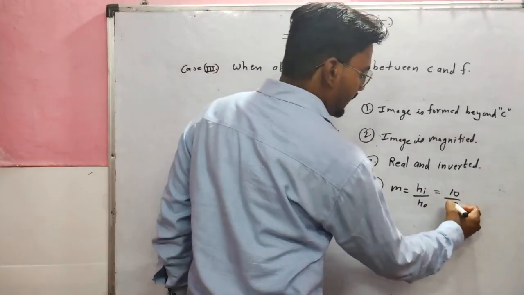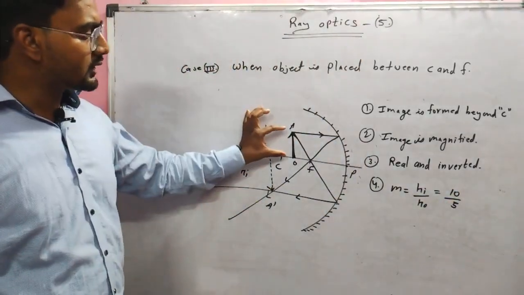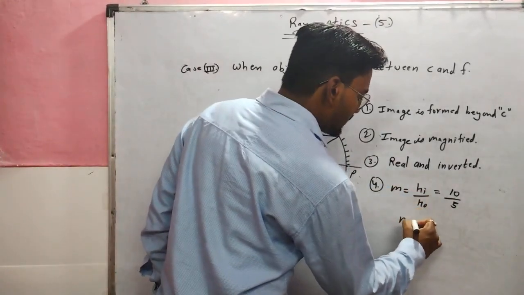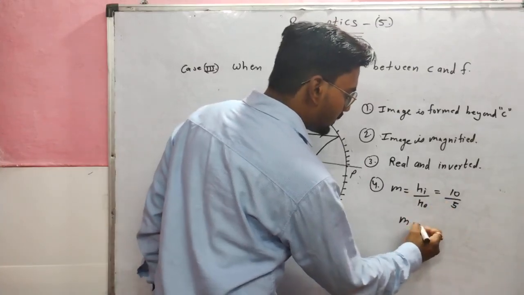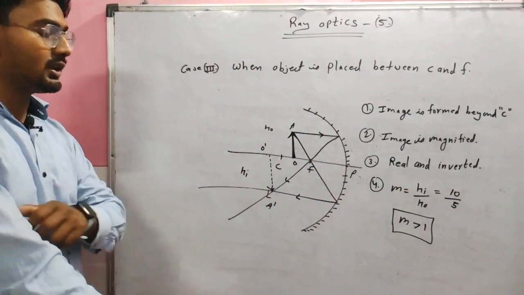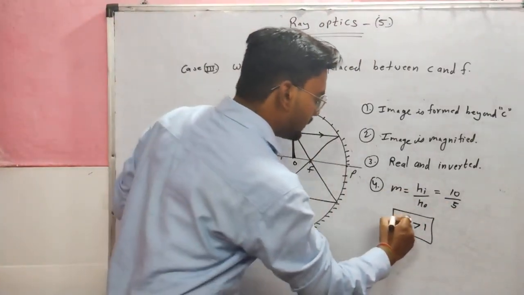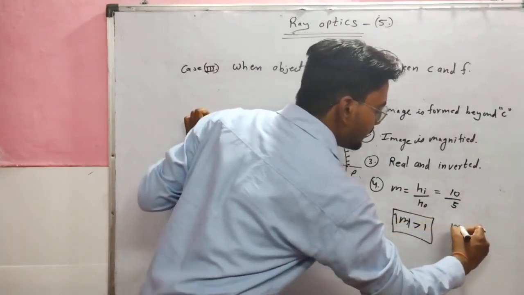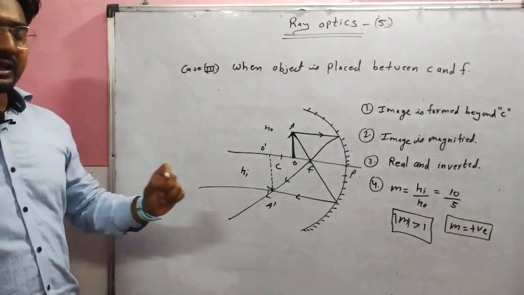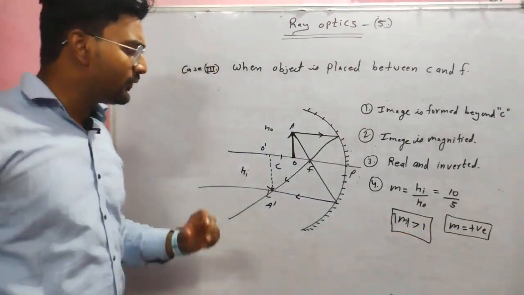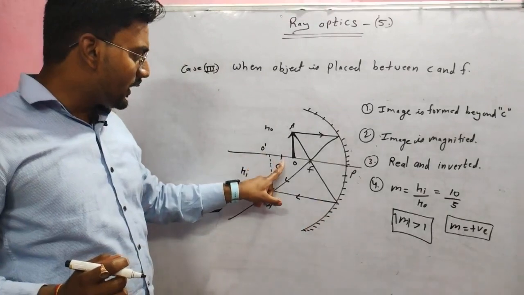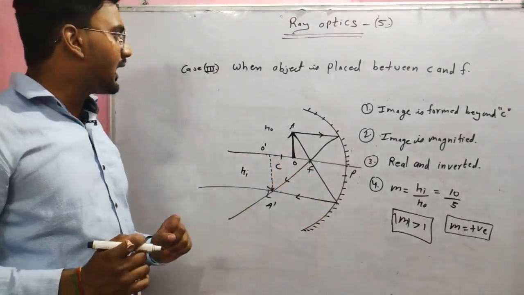We are just taking an example, not real values. Then the magnification is greater than 1, meaning the magnitude of the magnification is greater than 1, and the magnification is positive. This is the case when the object is placed between C and F.